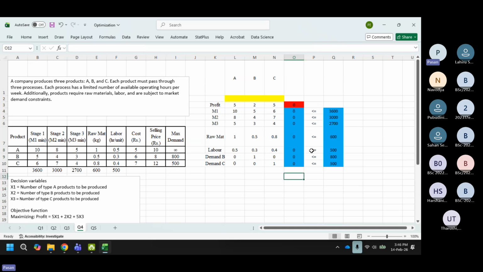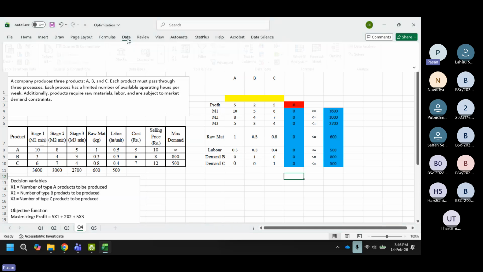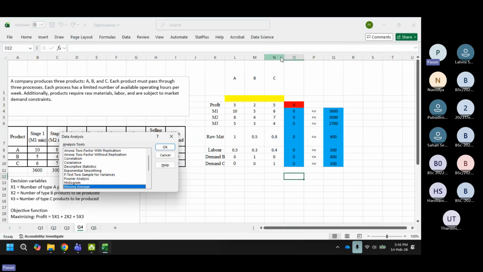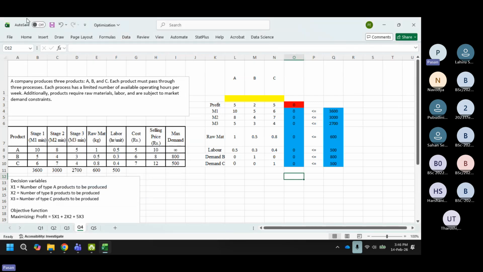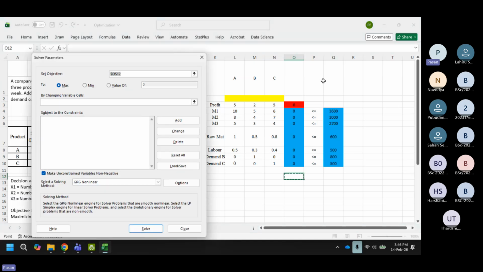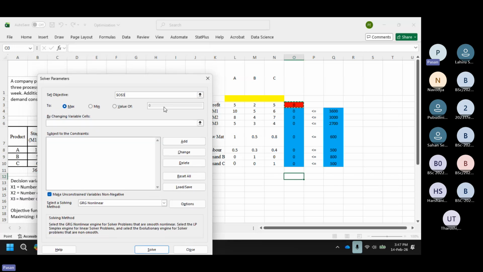So then all these are less than or equal sign, right? And then I can go into the data analysis here. Also the solver, I go to the data and solver, and this is my objective cell.